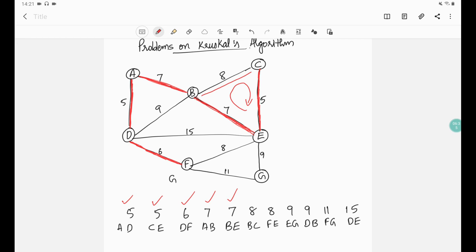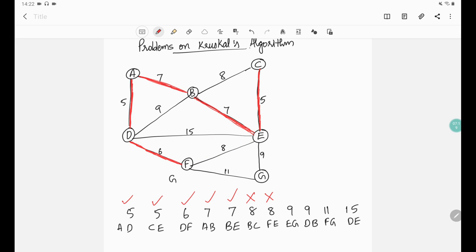So if we add BC to the spanning tree, it will create a circuit, and therefore it cannot be added to the tree. Therefore, BC can be discarded. Then consider edge FE. FE has the same problem. If I add FE to the spanning tree, it will create a circuit as shown here. Therefore FE should be discarded. FE cannot be added to the spanning tree.